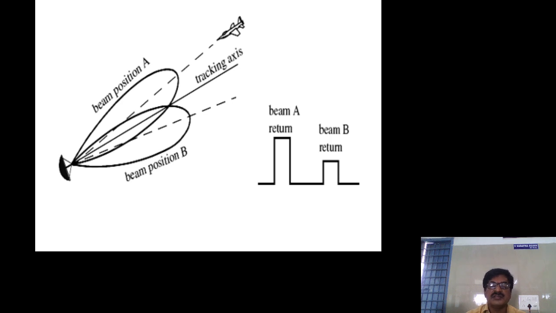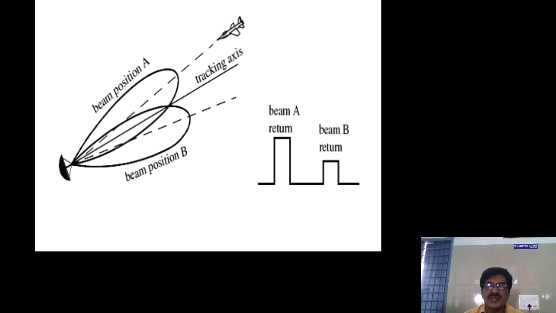Okay, is it clear to all of you? It is called sequential lobing because the radiation pattern is sequentially positioned in different places. Here, in one direction the lobe can be projected, covering one coordinate system.